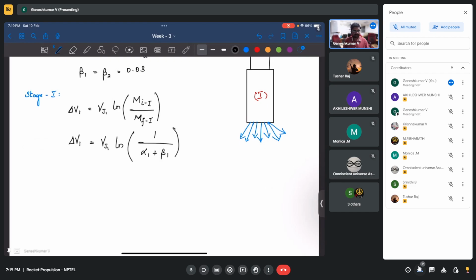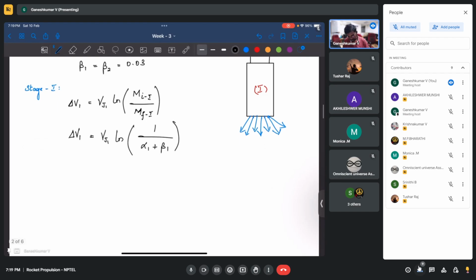I hope I'm clear till now. So now again we can rewrite this as alpha 1 is equal to 1 divided by exponential of delta V by Vj1, minus beta 1.